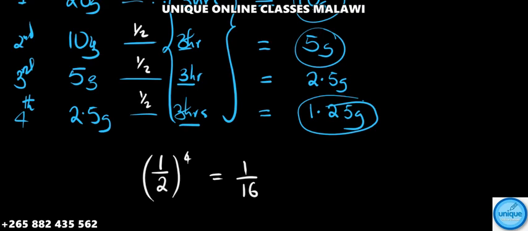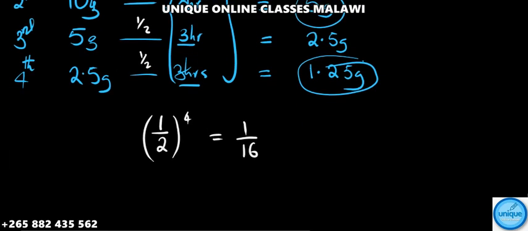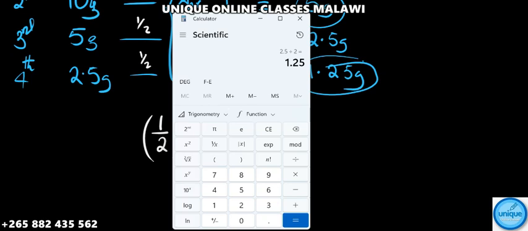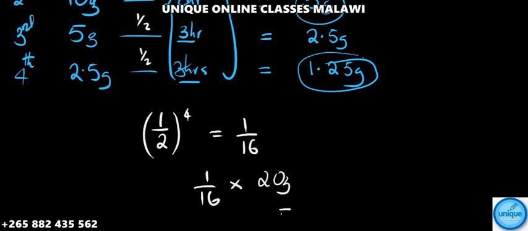So to find the final mass after 4 half-lives, just do 1/16 multiplied by the initial mass, which is 20 grams. So let's find 1/16, then multiply by 20. 1 divided by 16, this is the answer. Then we multiply this one by 20. You will see the answer, you will look at 1.25. So we can have here 1.25.